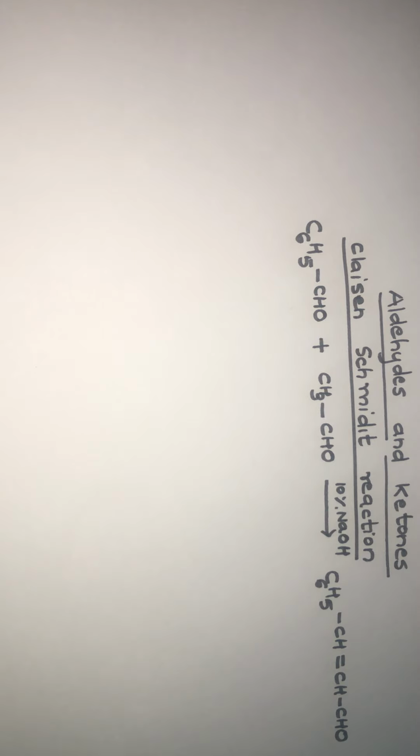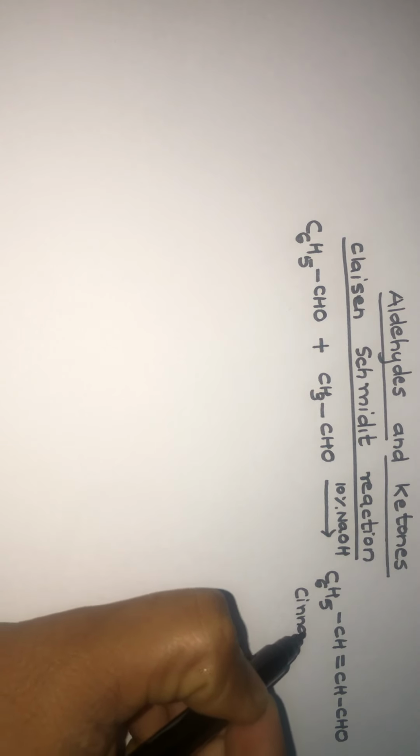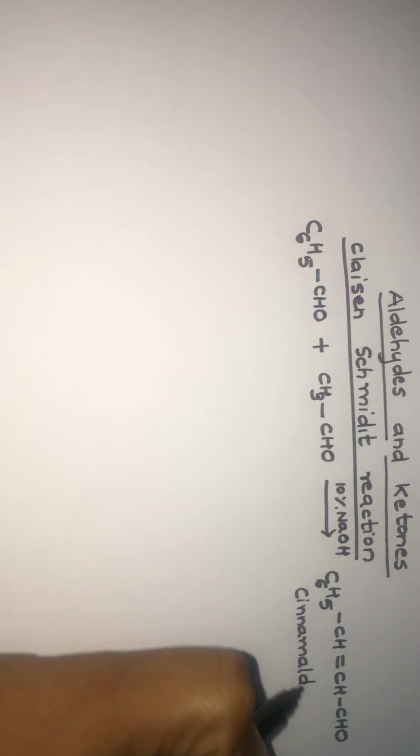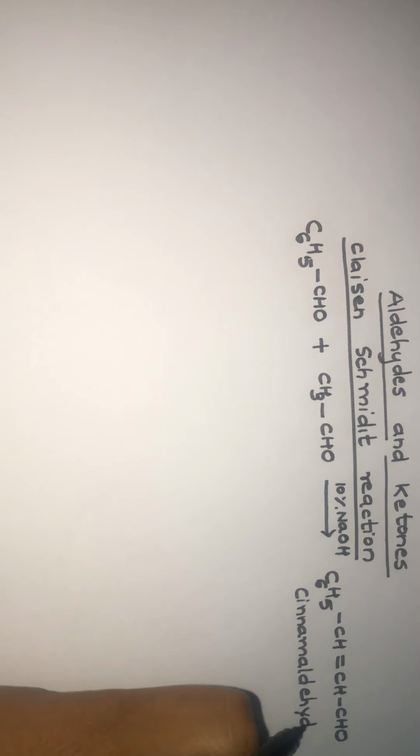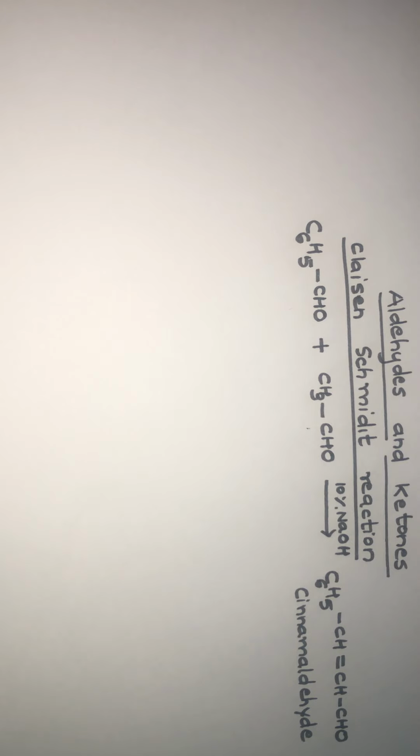So you get an alpha beta unsaturated aldehyde here. This is cinnamaldehyde. If you take a ketone, you get a ketone here. If you take an ester, you get an ester here. So this reaction is referred to as the Claisen-Schmidt reaction.